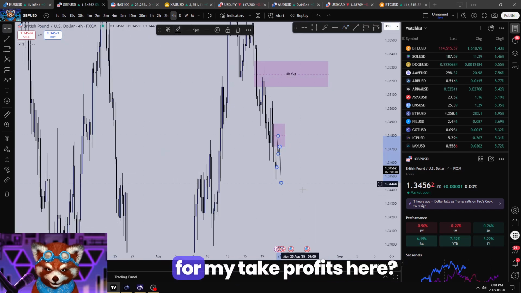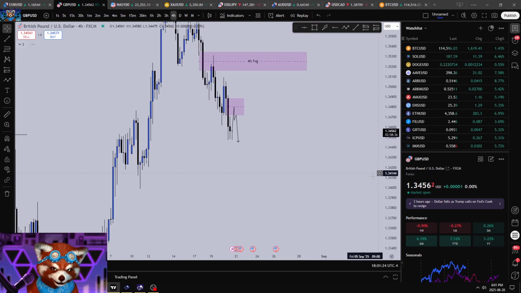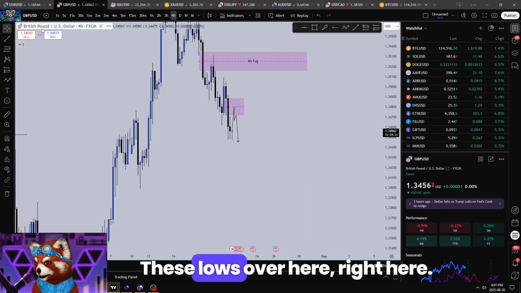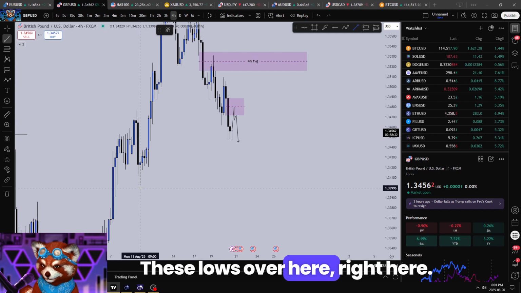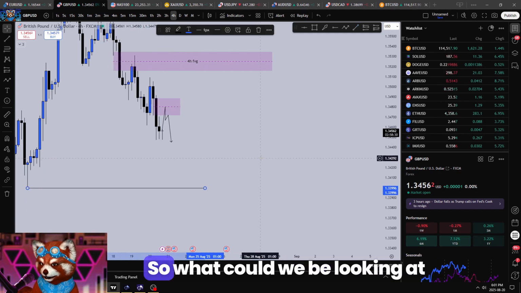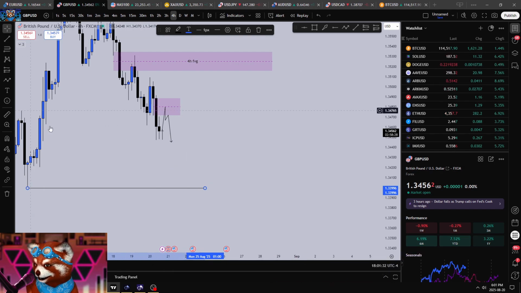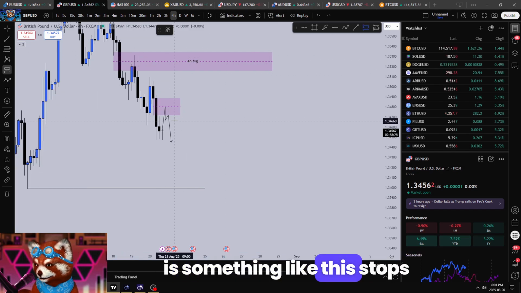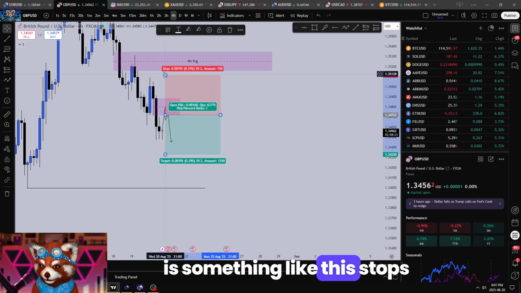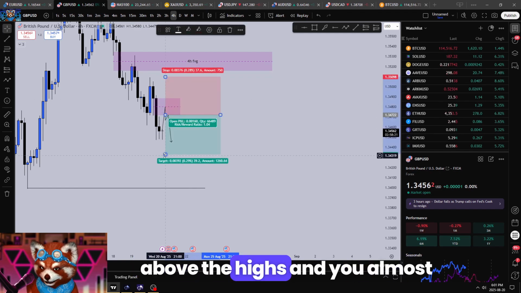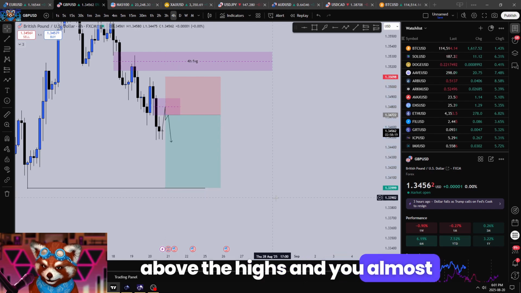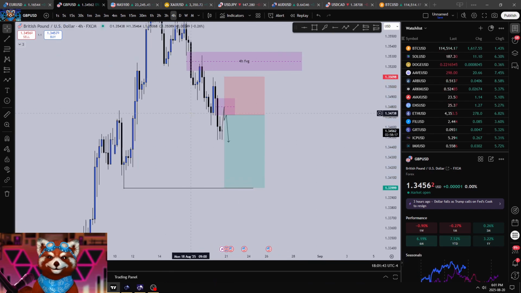Where would I be looking for my take profits here? These lows over here. So what we could be looking at is something like this. Stops above the highs, and you almost get a nice little 1 to 2.